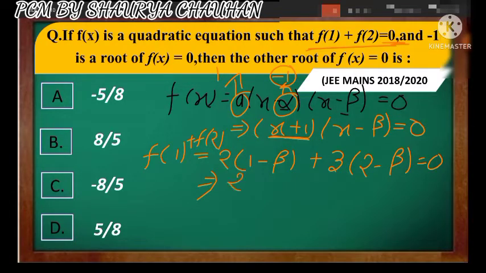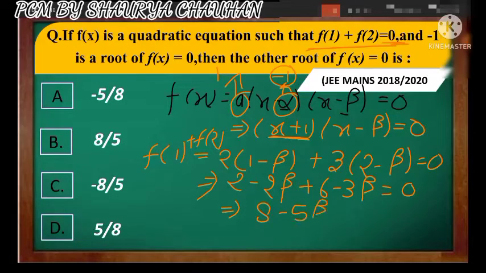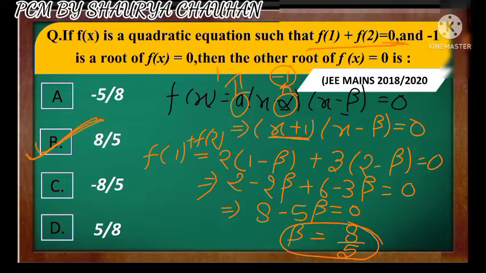After simplifying, it will become 2 - 2 beta + 6 - 3 beta = 0, and then 8 - 5 beta = 0. Now beta will become 8/5. So the other root is 8/5, which is option B, and option B is our correct answer.